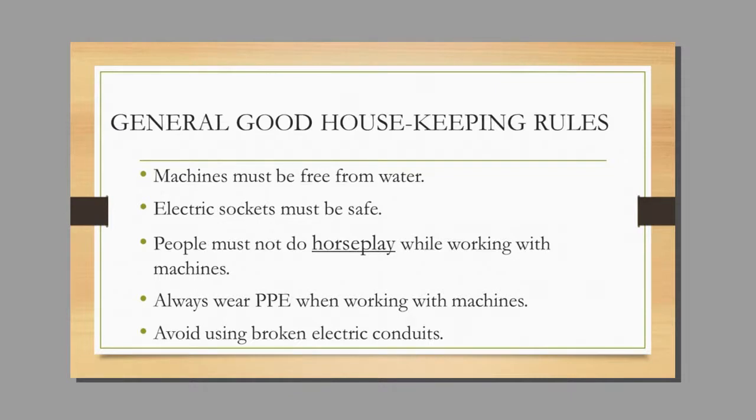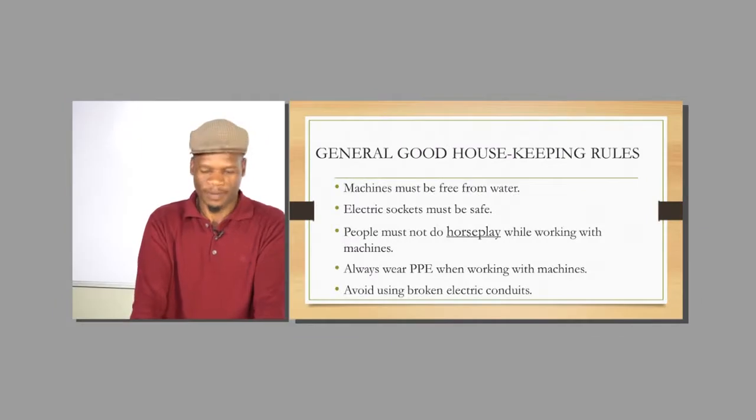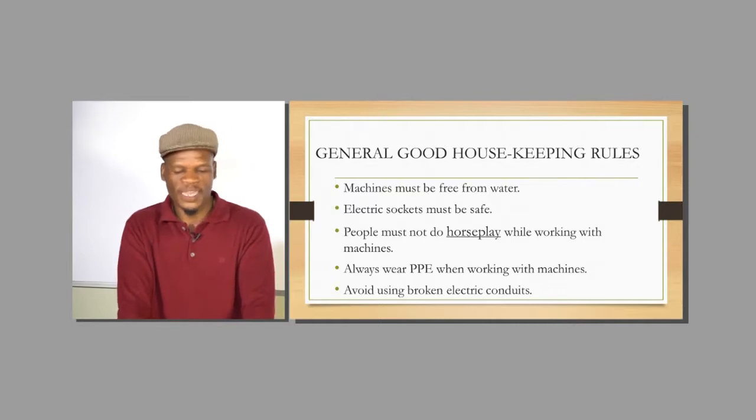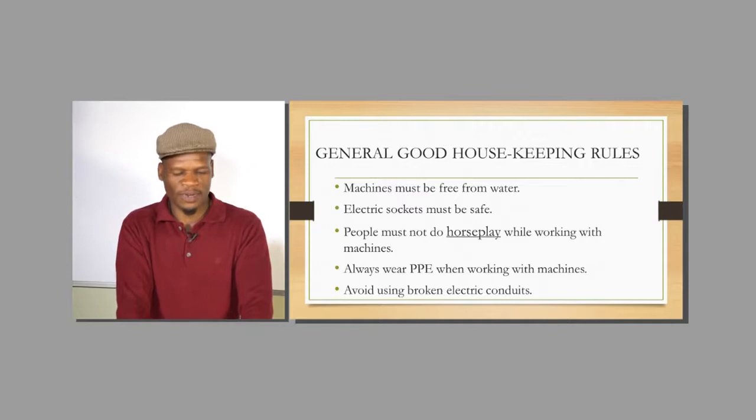So number one, the machine must be free from water. If it's a machine which is powered by electricity, you know very well that electricity and water are not good friends. So you must also know that if you have any electrical socket, make sure that it's fully sealed so that there is no loose end on the outside.